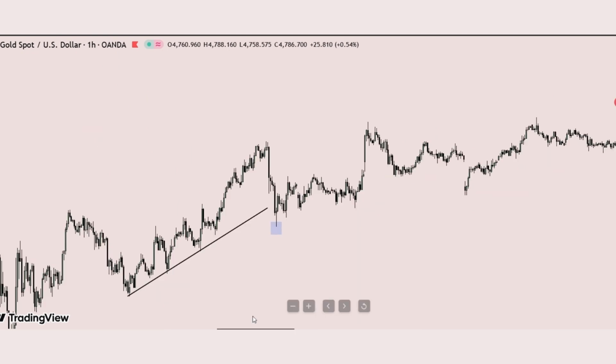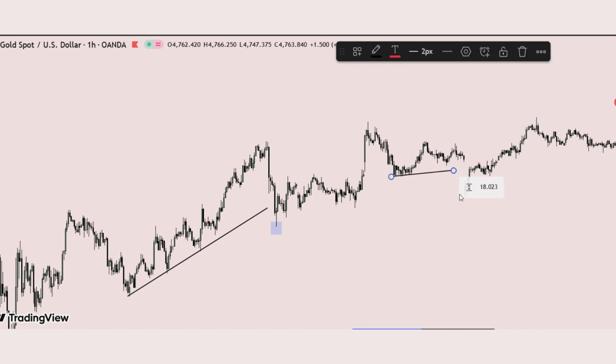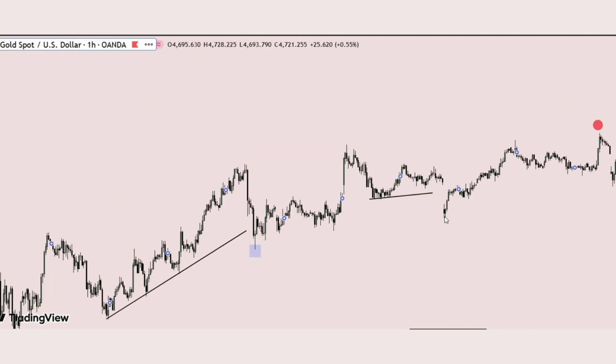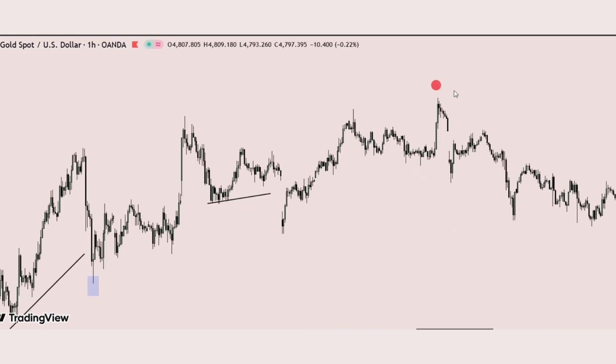Again, from this zone, the market created this trendline liquidity and takes all the liquidity present below here and tap on the best discounted area, then again started making a new higher high.